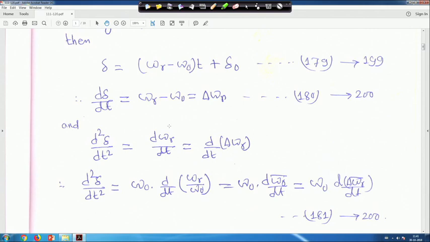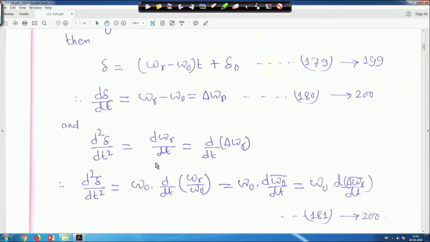Therefore, omega_0 into d omega_r bar by dt is equal to omega_0 d/dt of delta omega_r. If you take the derivative, d omega_r by dt is d/dt of delta omega_r.